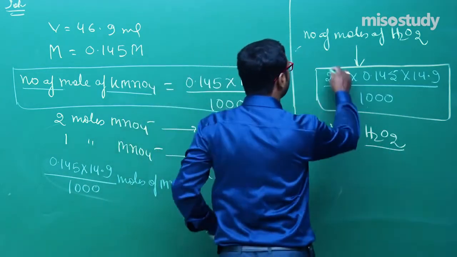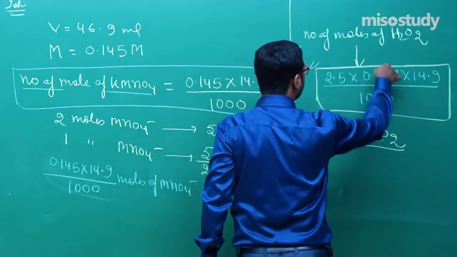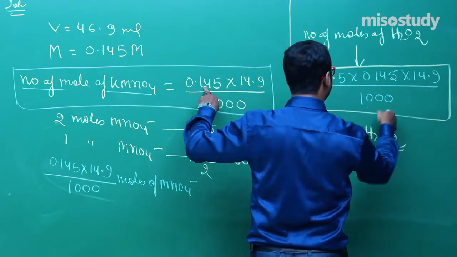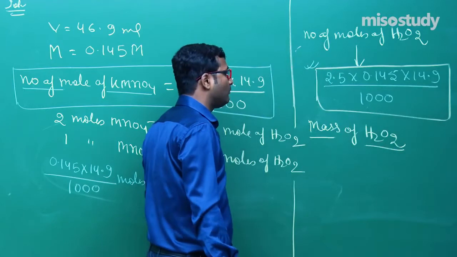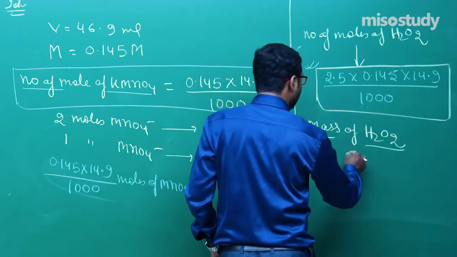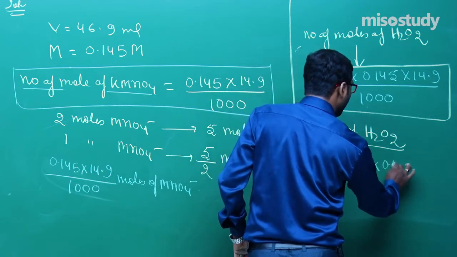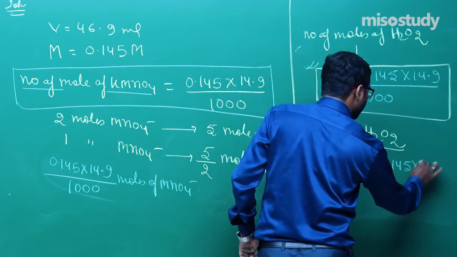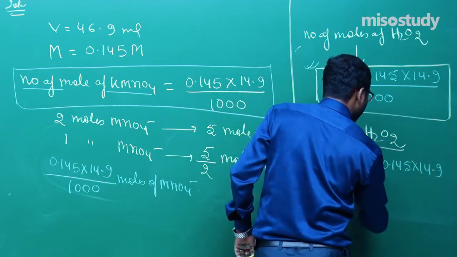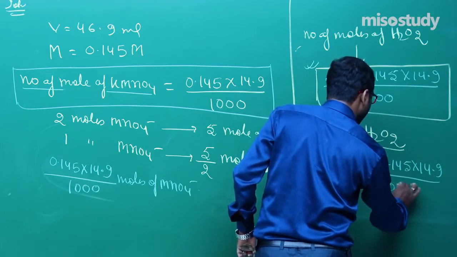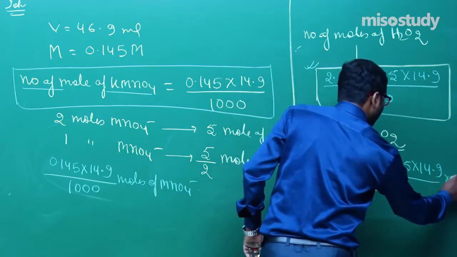So the mass of 2.5 into 0.145 into 14.9 upon 1000 moles of H2O2 will be equal to 2.5 multiplied by 0.145 multiplied by 14.9 divided by 1000 multiplied by 34.